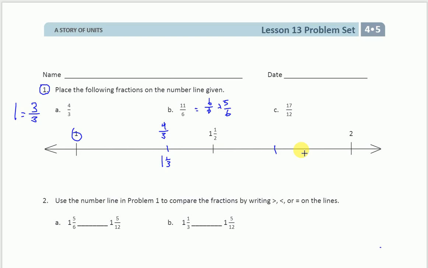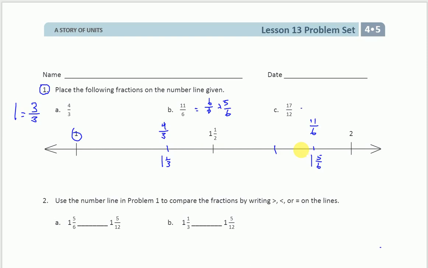So 11/6 is going to come somewhere down here, and that's going to equal 1 and 5/6. Okay, so there's a little bit more work in this lesson. We really have to figure out what is the fraction we're talking about.